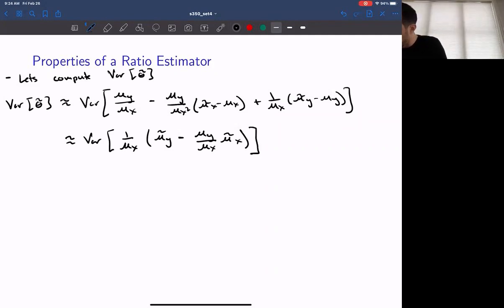Okay, so that gives us the mu tilde x term, and that gives us the mu tilde y term.